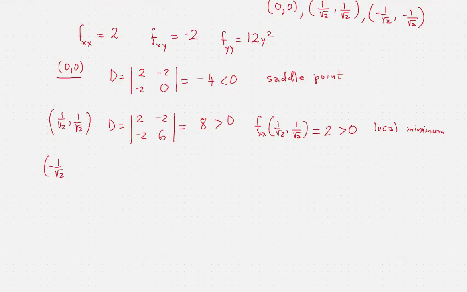And how about negative 1 over square root of 2? So everything will be pretty much identical, right? Because the second partial derivative has this y squared, so nothing will change for this point.